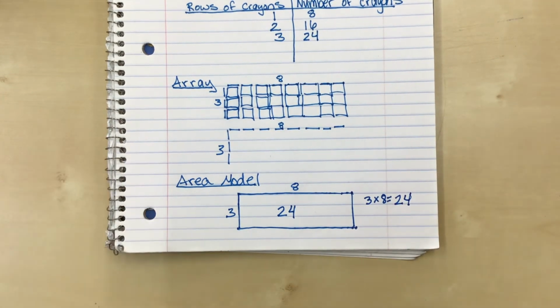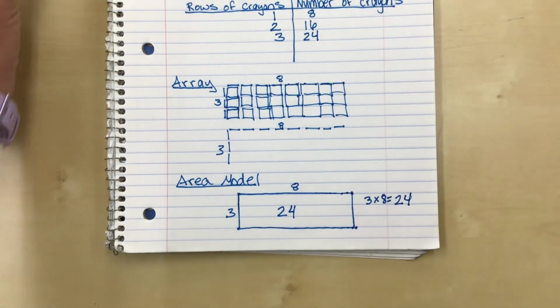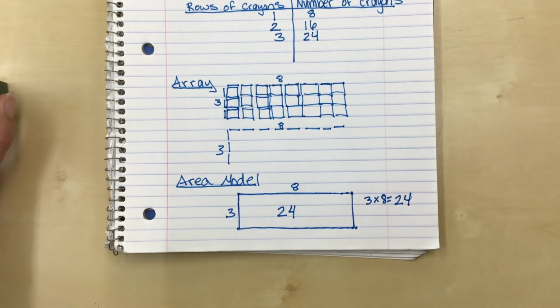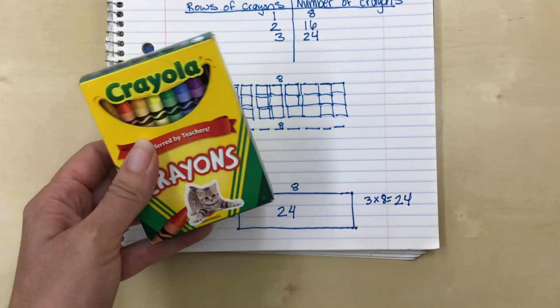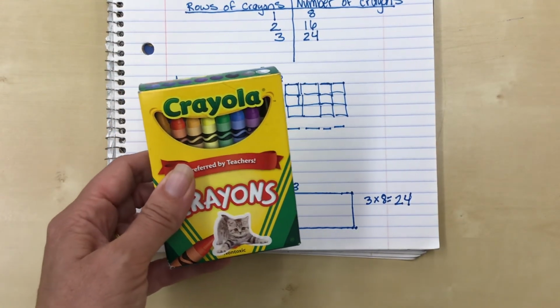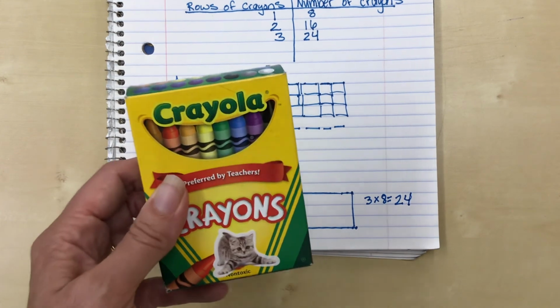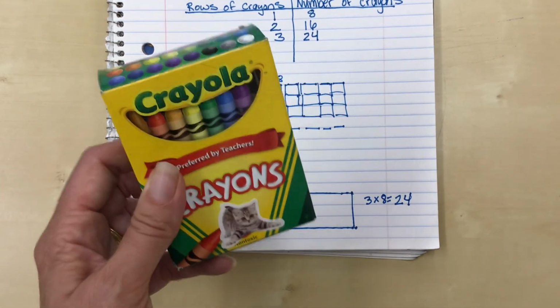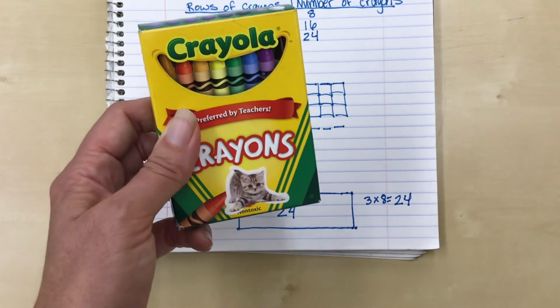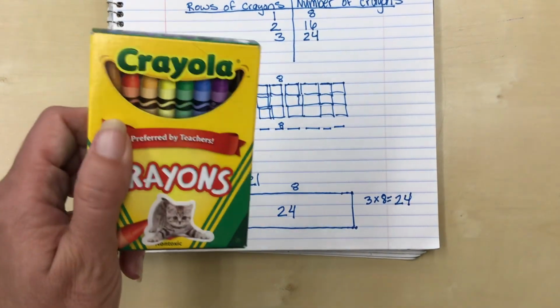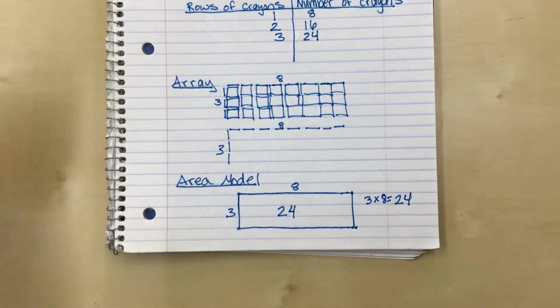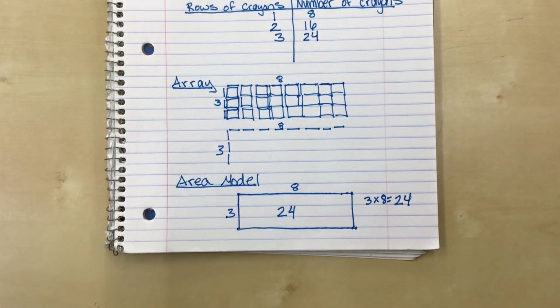All right. Now on your own, you are going to think about if this box of crayons were double this size. We know there are 24 crayons. So think about if this crayon box was doubled. What number would you need to double?